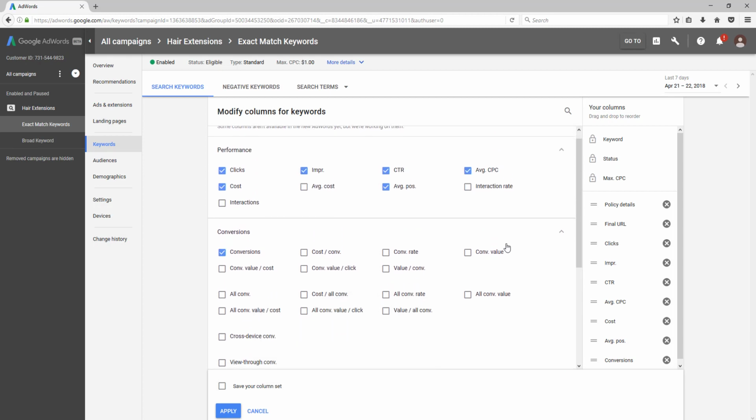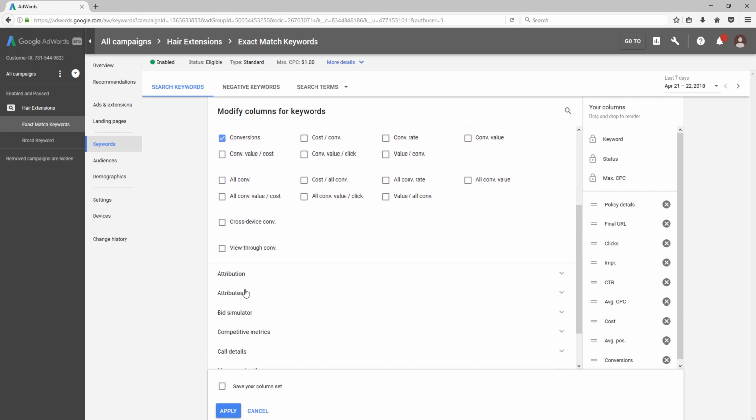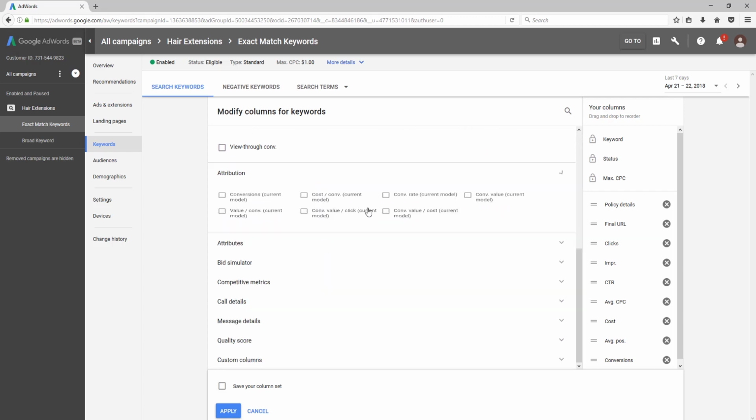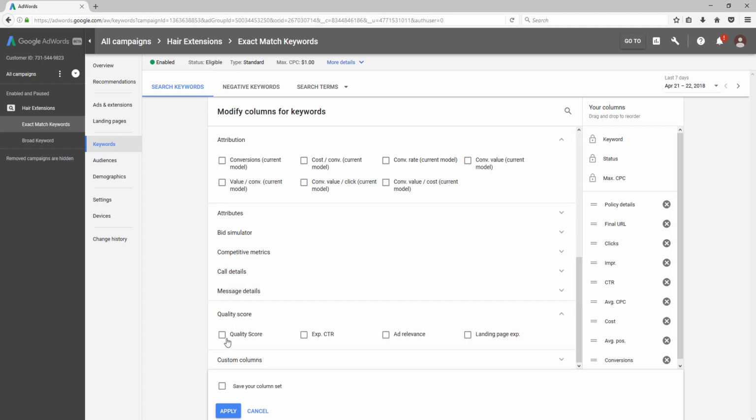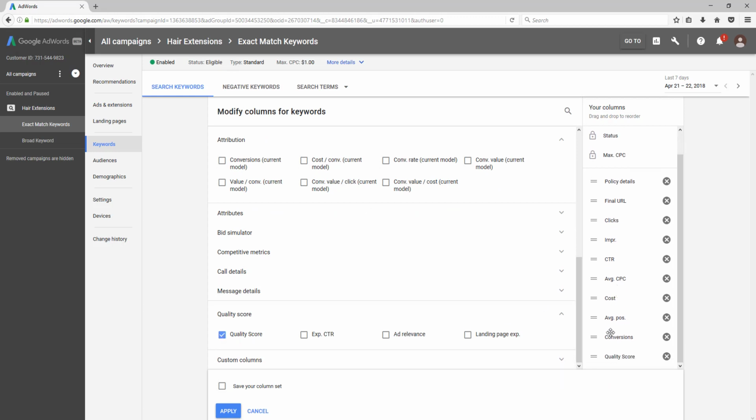And then the last thing I am going to look for here is the quality score. So there's my quality score down there. I'm going to put that in because quality score is very, very, very important.